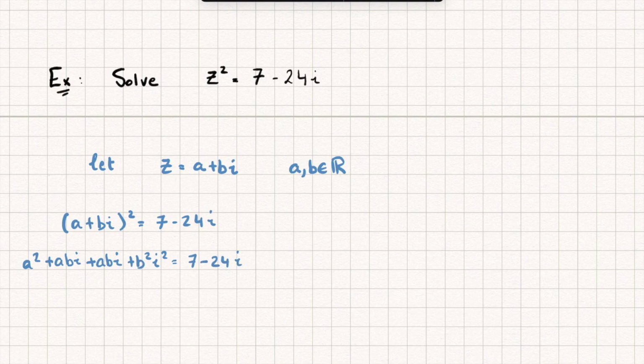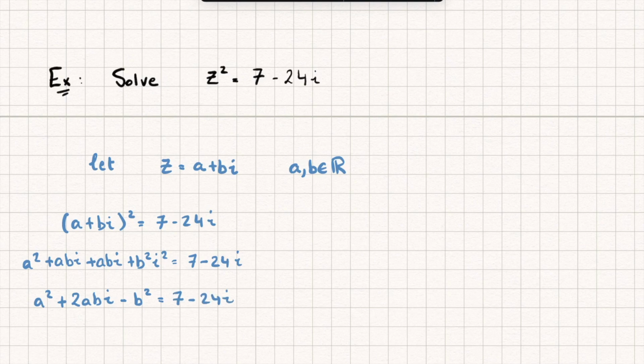Now we can collect these two middle terms together, so we get a squared plus 2abi plus b squared multiplied by i squared. Well, i squared is -1, so really we've got b squared multiplied by -1, which is negative b squared. And that is also equal to our right hand side.